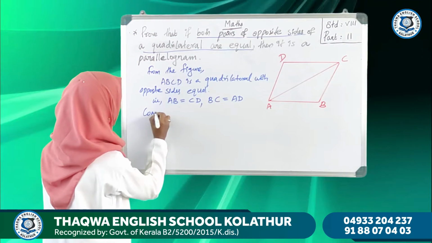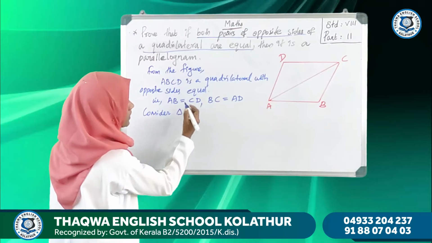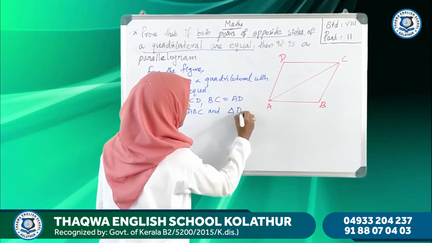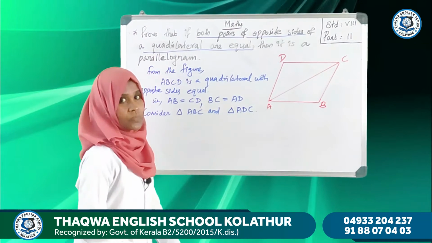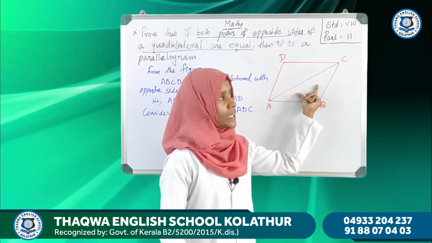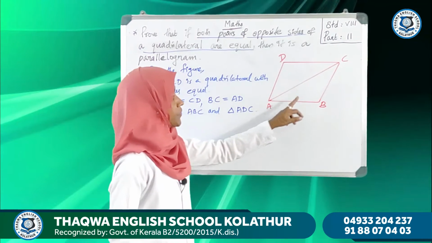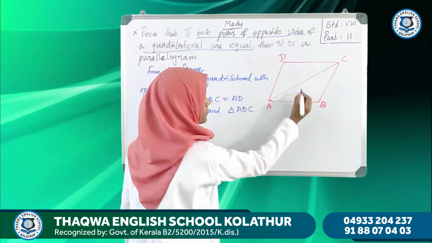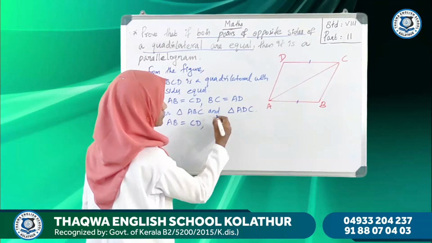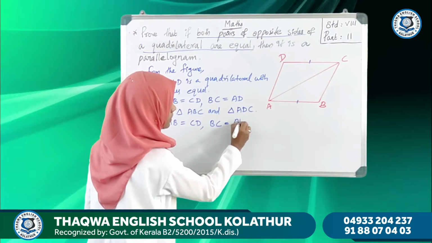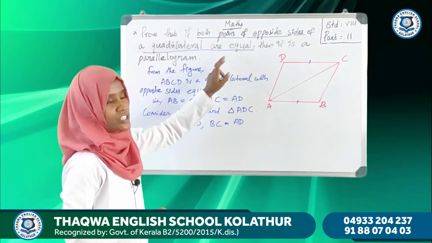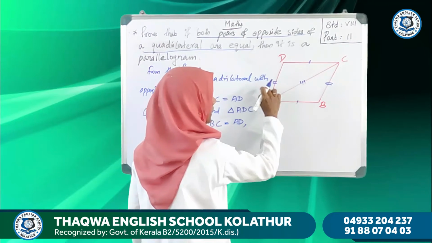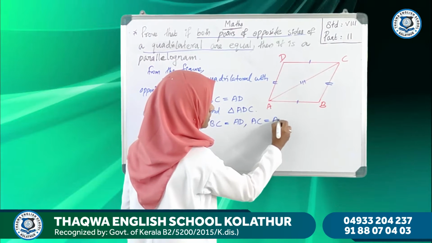Next, consider triangle ABC and triangle ADC. AB equals CD. Next, BC equals AD. These two are the given conditions. The next one, AC equals AC.